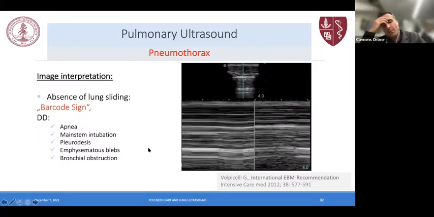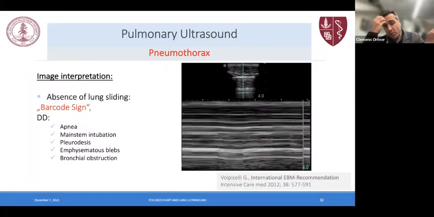What I want to emphasize, because of course with a pneumothorax you will have an absence of lung sliding, but there are important differential diagnoses that can also cause an absence of lung sliding, like a patient that is apneic, or when you have a mainstem intubation, on the non-intubated side you will also have an absence of lung sliding.